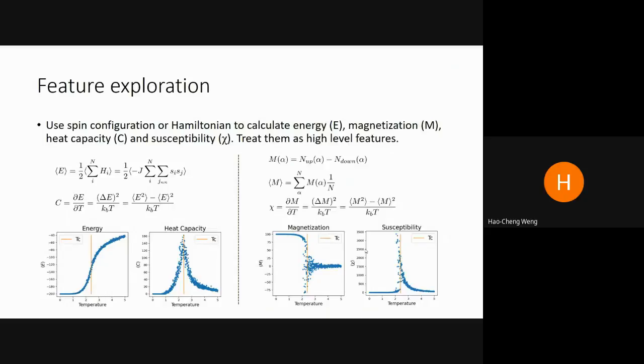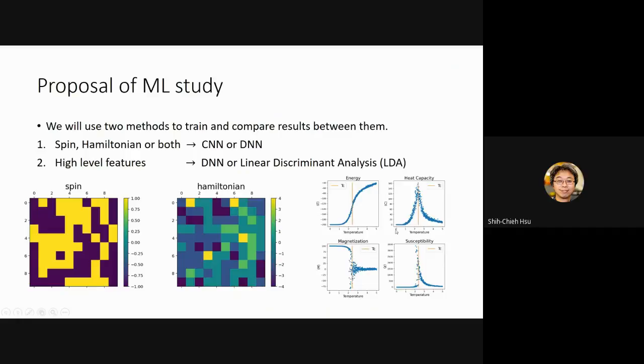So the energy would be the Hamiltonian for each of the two-dimensional spins. Yes, so you can get the low-level feature, the Hamiltonian of each of the spins, and if you sum up all, then you get the energy.